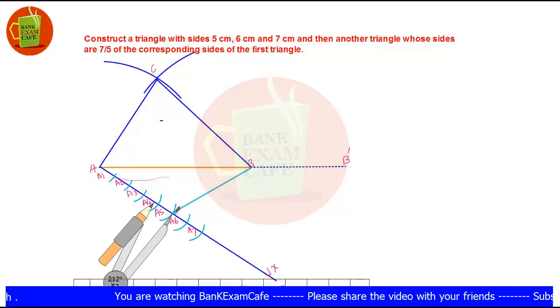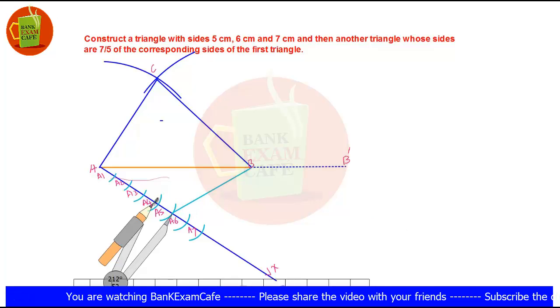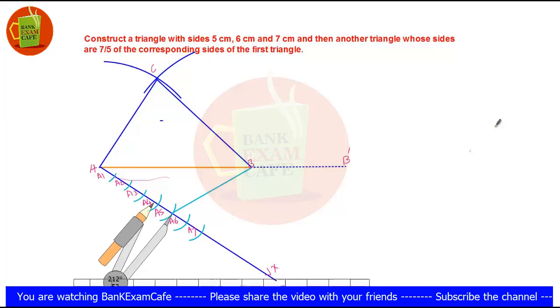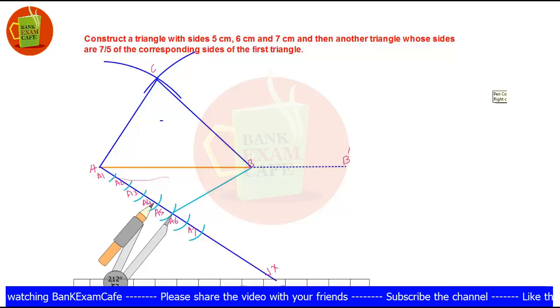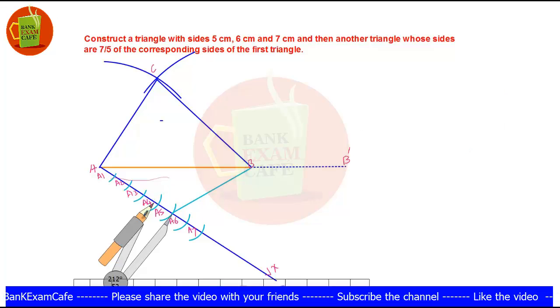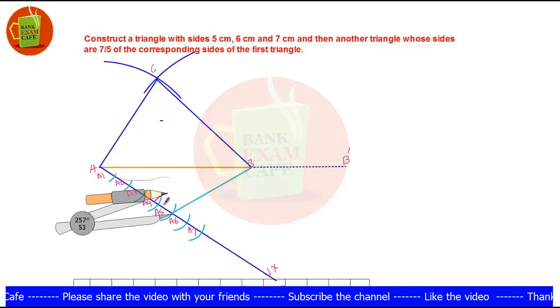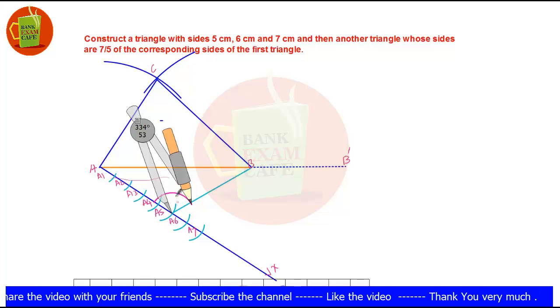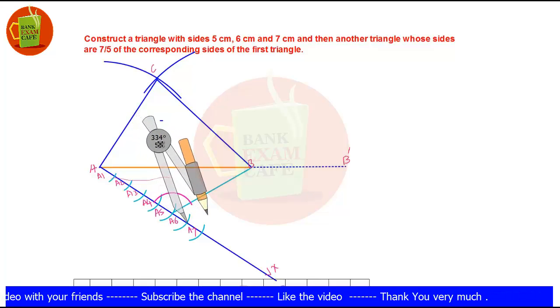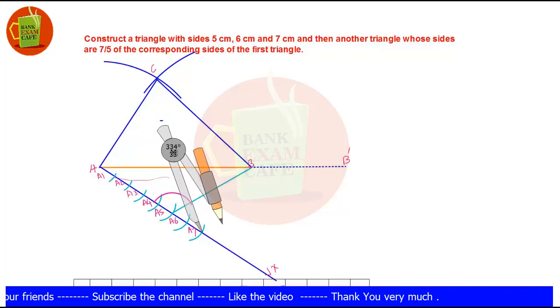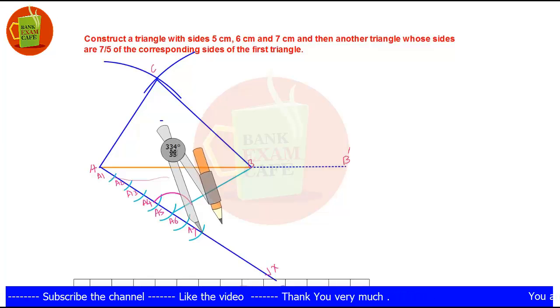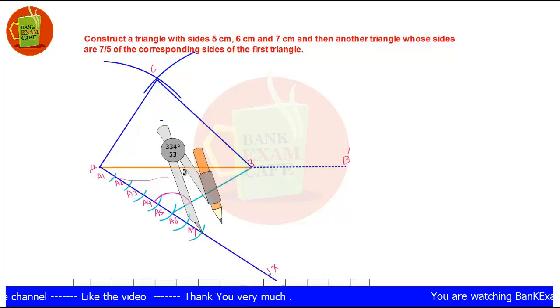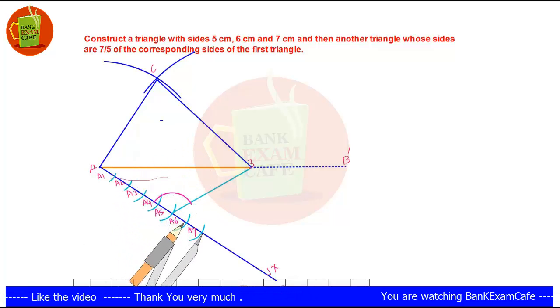Now taking A6 as a center and radius of any suitable length, draw an arc joining these two line segments. Now take this A7 point and draw the arc.